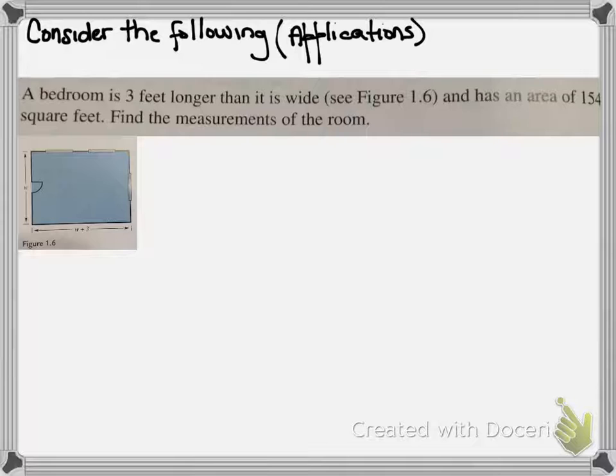Now, ladies and gentlemen, what happens? We know the length, but we do not know the width. The length is 3 more than whatever the width is. So if we know the width, we will know the length as well.